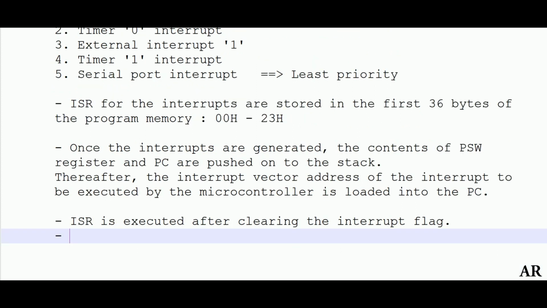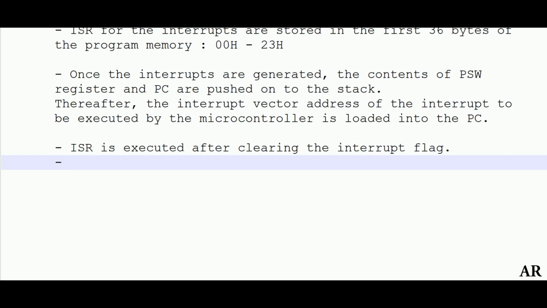Now once the ISR gets executed, what happens thereafter? Any interrupt is basically a call instruction to that specific interrupt service routine. The call instruction is ended by a return instruction, and once ISR execution is finished, then the old contents get popped.